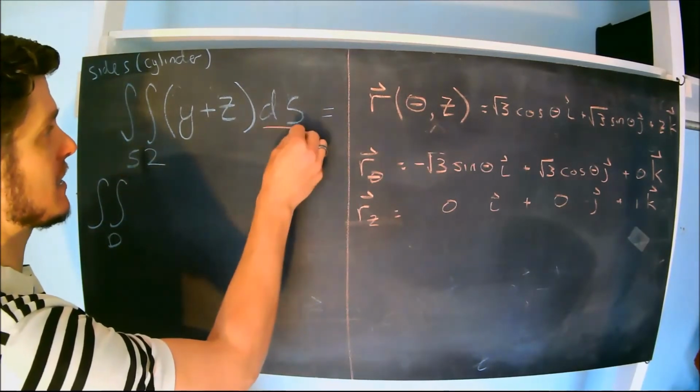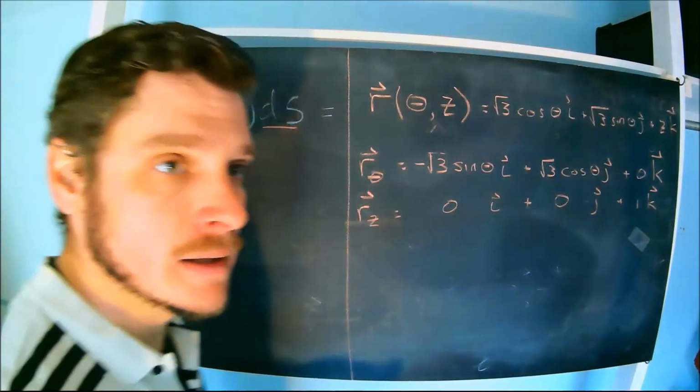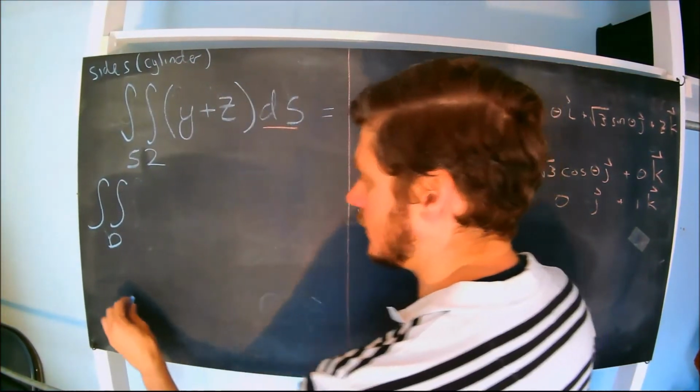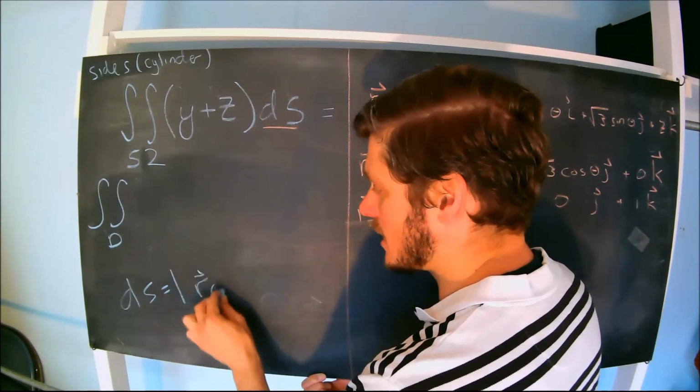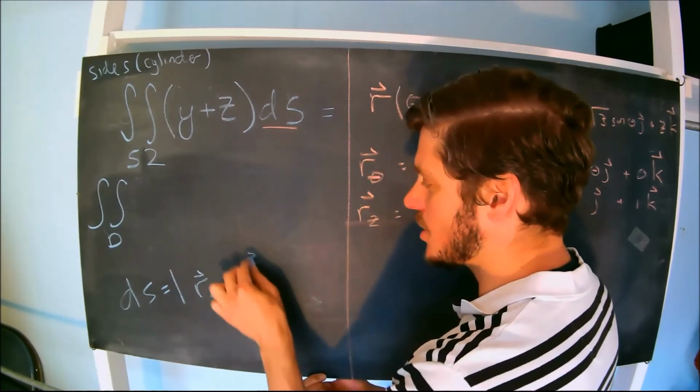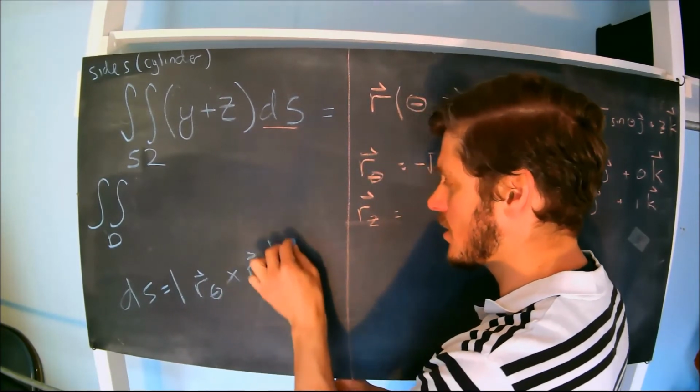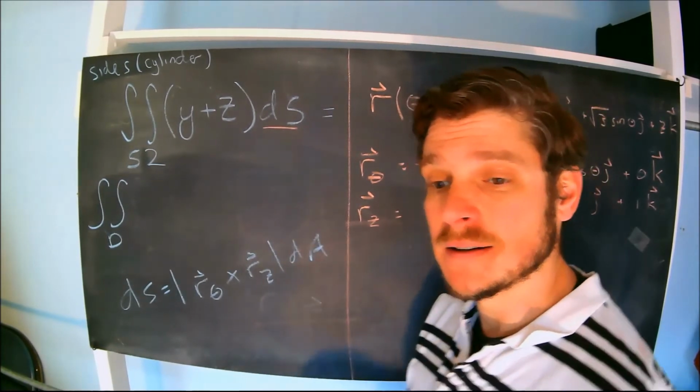Now, what we're really trying to do, when we make our change here, is replace our dS with the magnitude of the cross product of our partials, dA.